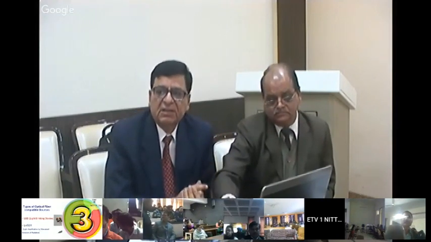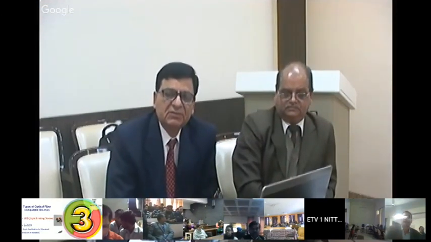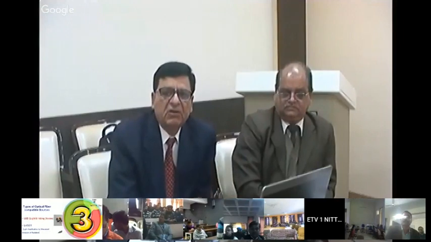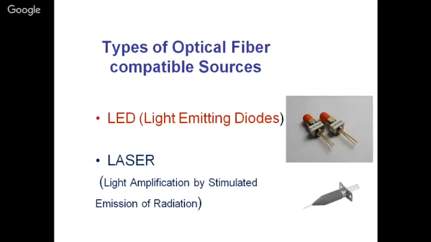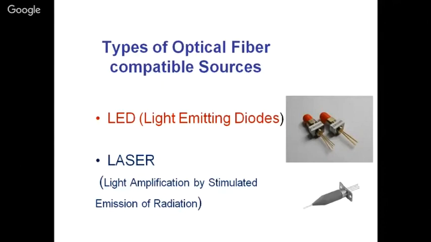Similarly, another God gift, I'll say, was lasers. The laser, which was helium neon or ruby or whatever, they said, let us think of a laser which is also compatible with fiber and let it be the size of an LED.